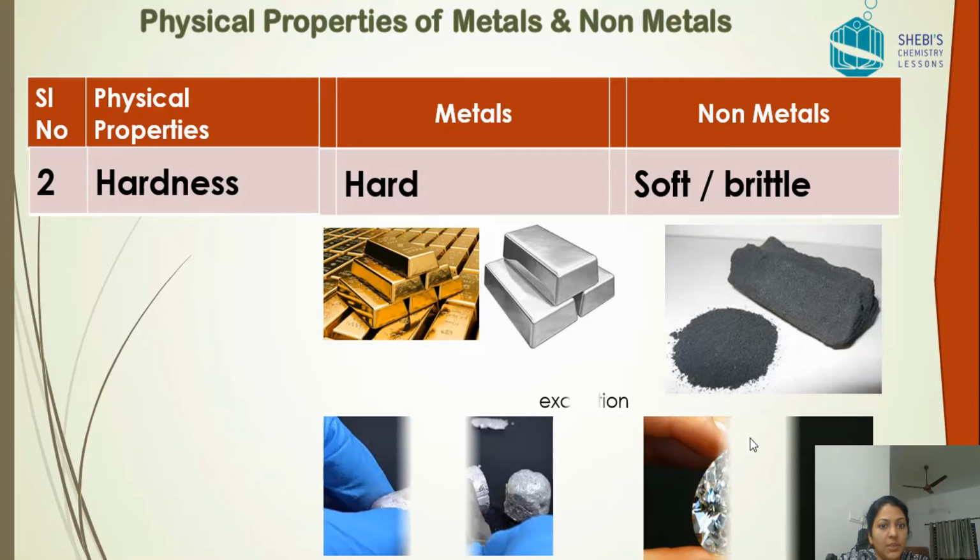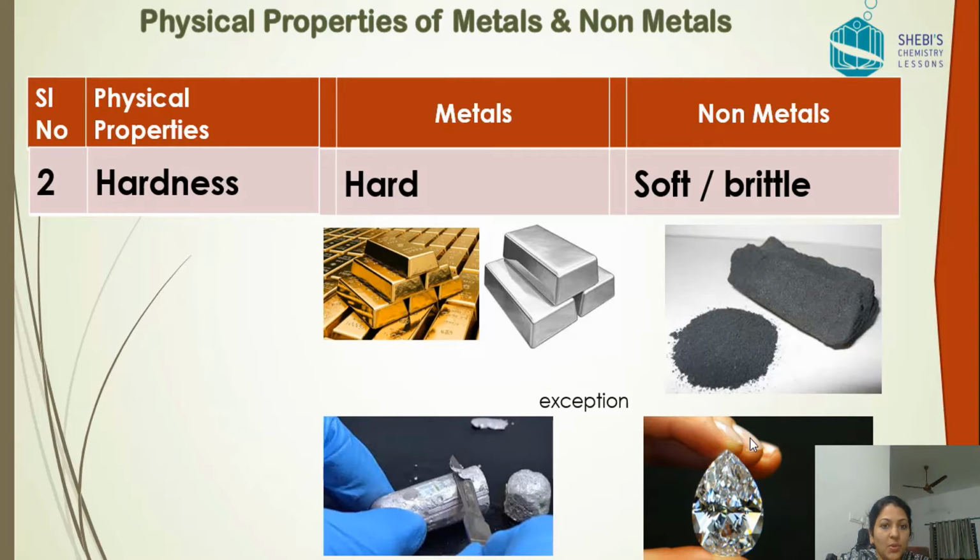Here also exceptional cases are there. Sodium is a metal which is very soft. You can cut even with a knife. You can see in this example, cutting with a knife. This is sodium metal. Among non-metals, diamond, which is a form of carbon, is very hard in nature. The hardest substance on earth is diamond.